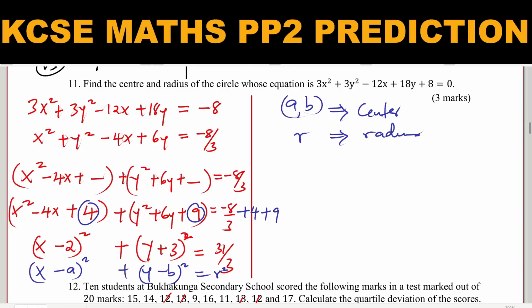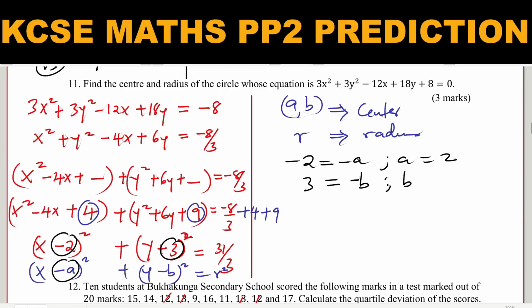You can compare negative 2 is equal to negative a, so a is equal to 2. And then you can compare this: positive 3 is equal to negative b, and so b is equal to negative 3. Therefore the center (a, b) will be (2, negative 3).